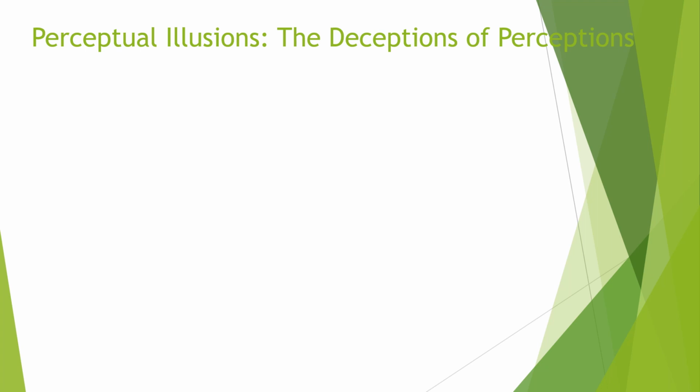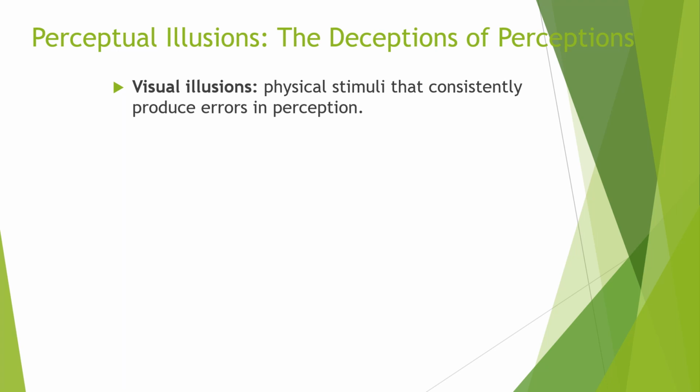So what happens with illusions? An illusion is when you appear to see something that's not really there. A visual illusion is a physical stimulus that consistently produces errors in perception.